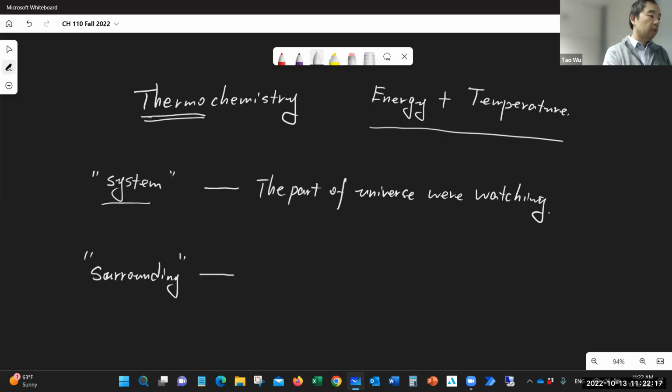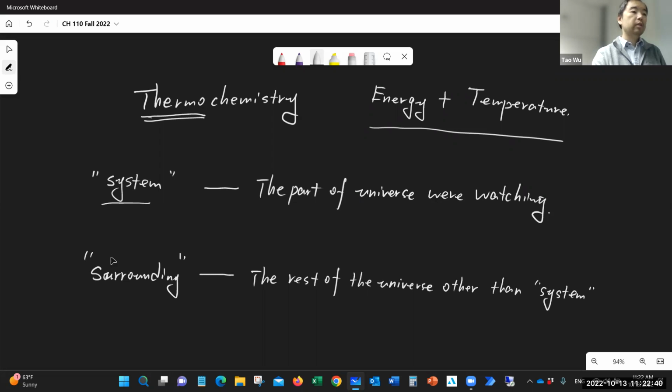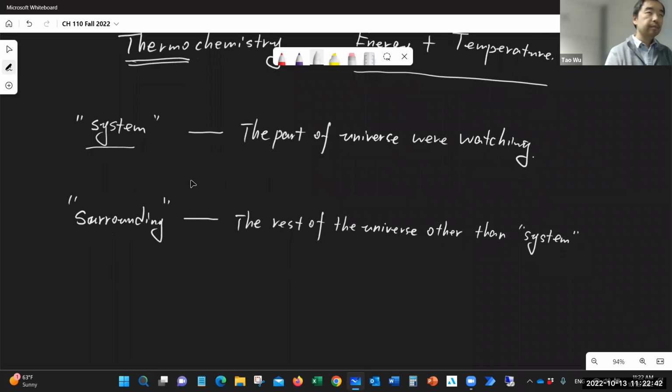And the surrounding is the rest of the universe, the rest of the universe other than the system.